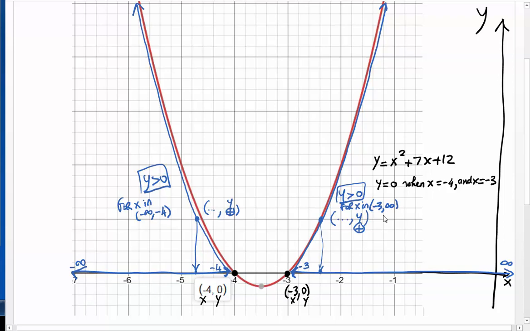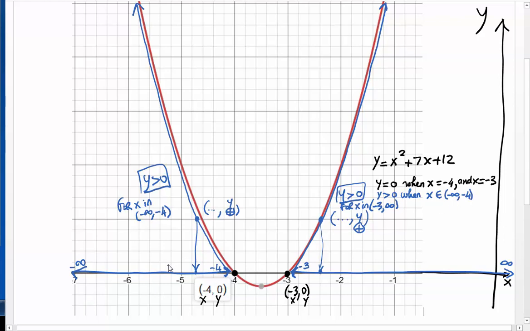So that's what we have. So we can summarize that. We can say that y is positive when x is an element of, or when x belongs to this particular interval on the left.